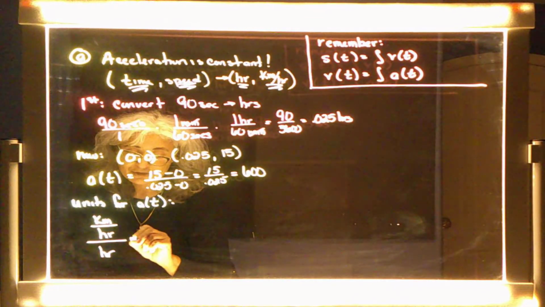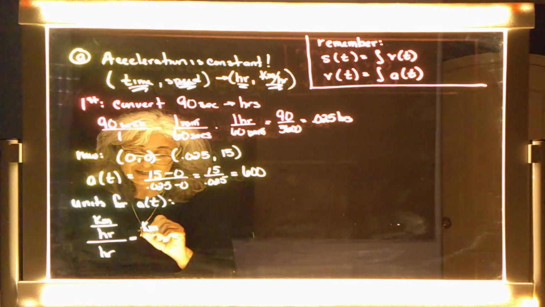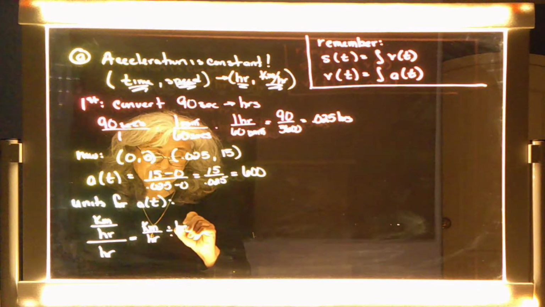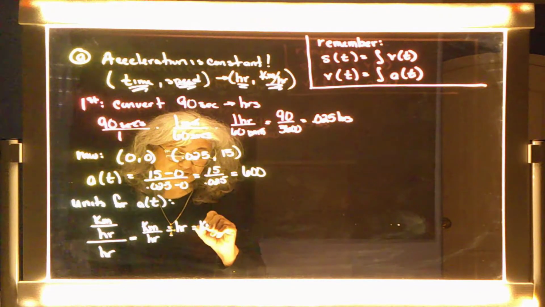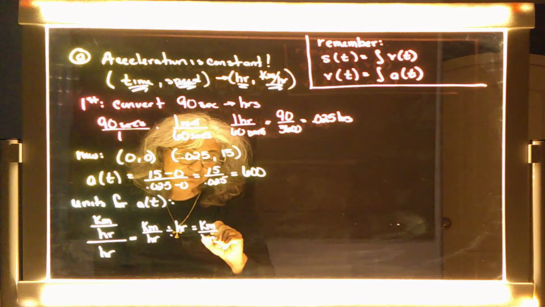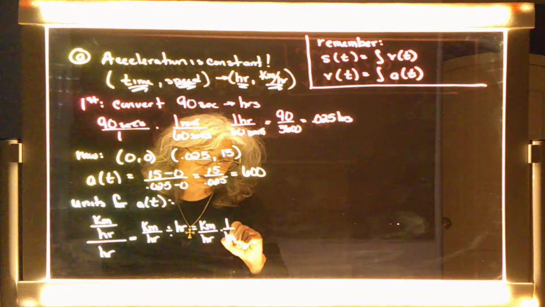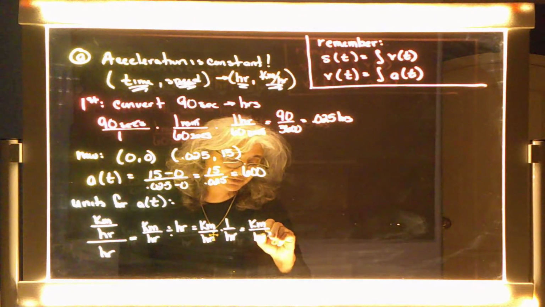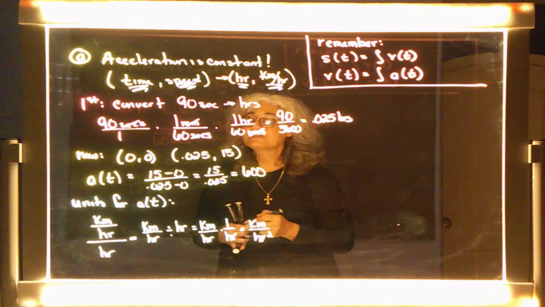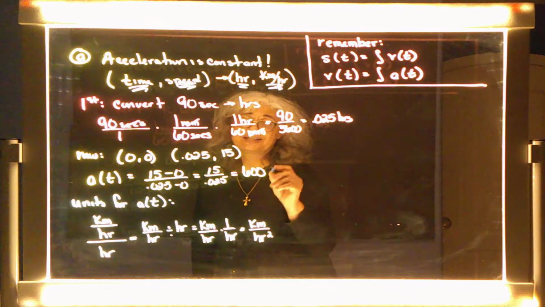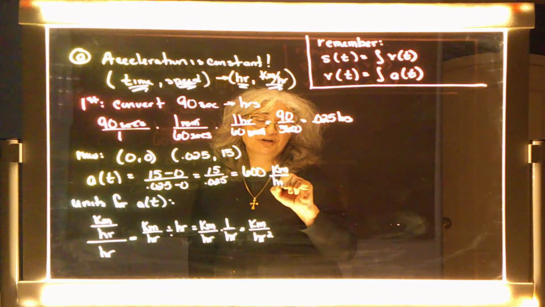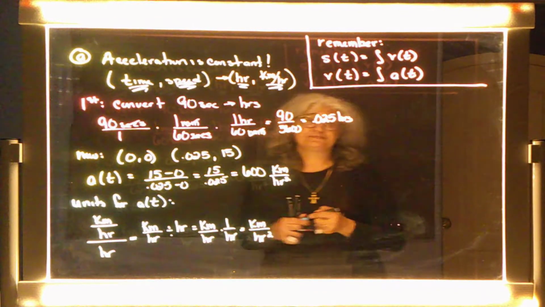So, looking a little familiar, yes? If I take kilometers per hour and divide by hours, I am going to do kilometers per hour and multiply by the 1 over the hour, which is going to give me kilometers per hour squared. So my acceleration is 600 kilometers per hour squared.